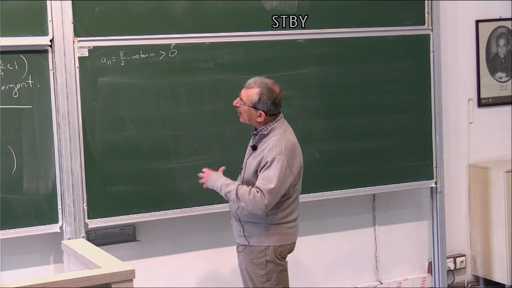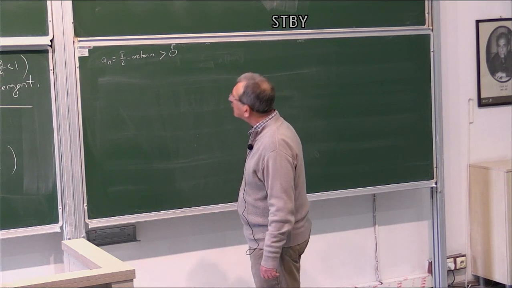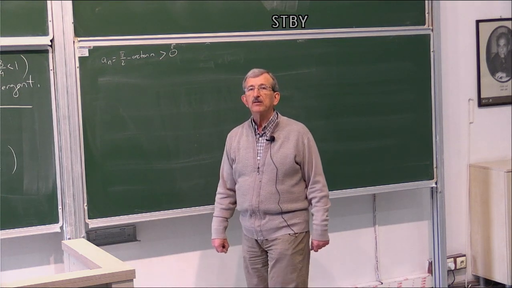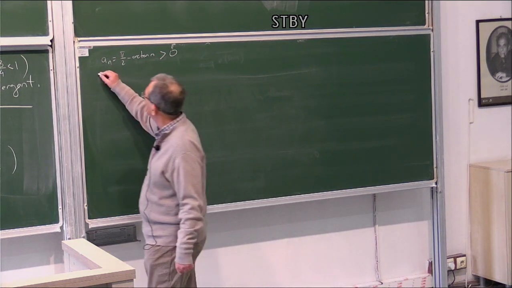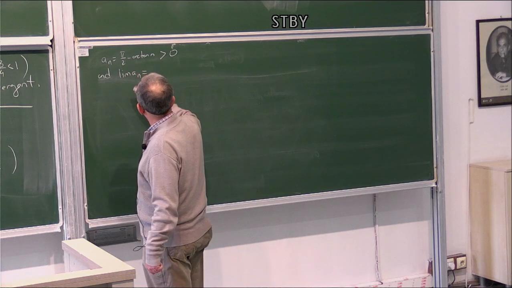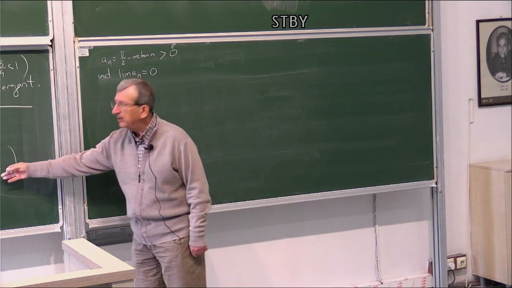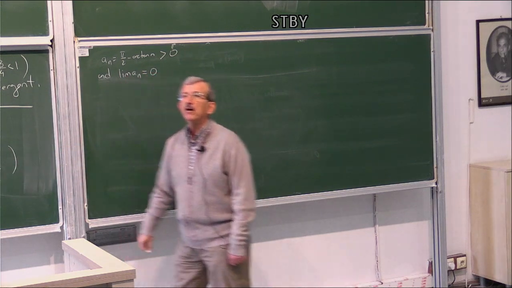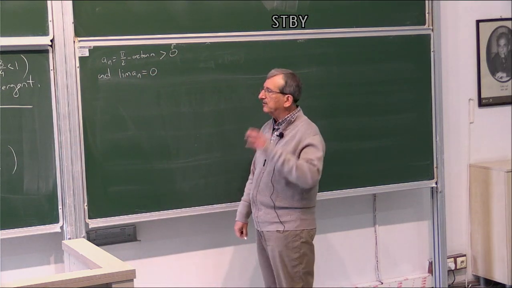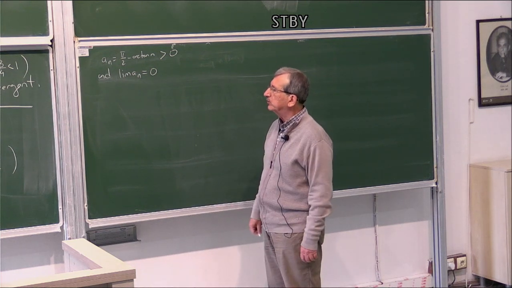So we can try to use comparison. Well, we have another hint here. The limit of an is 0, because we see it clearly from the graph that the arc tangent x approaches pi over 2 when x goes to infinity.